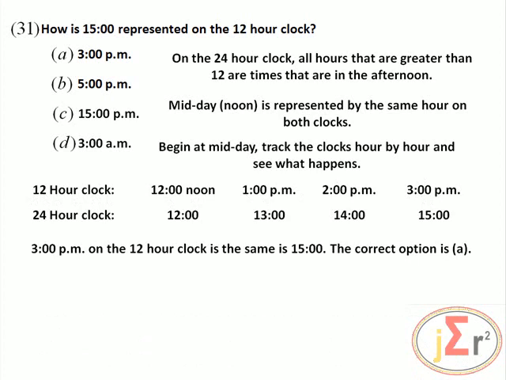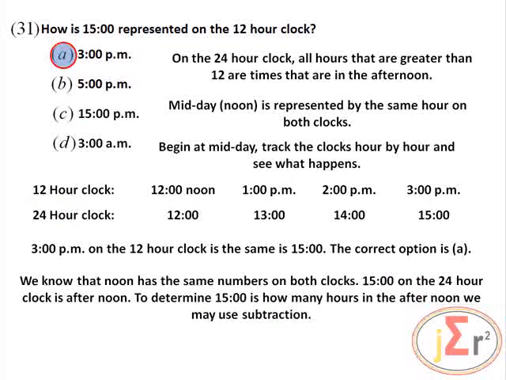Is there any other way to work it out? Let's see. We know that noon has the same numbers on both clocks. We have said that before. 1500 hours on the 24-hour clock is afternoon.